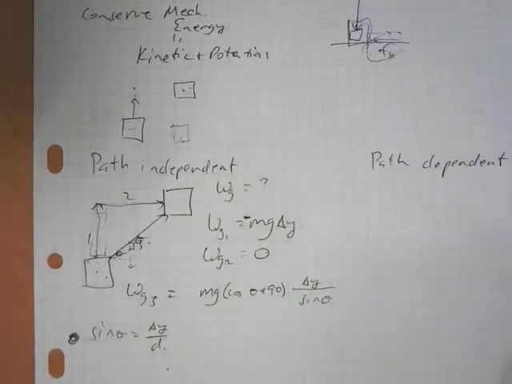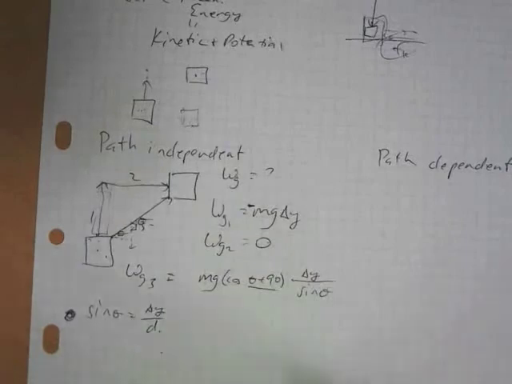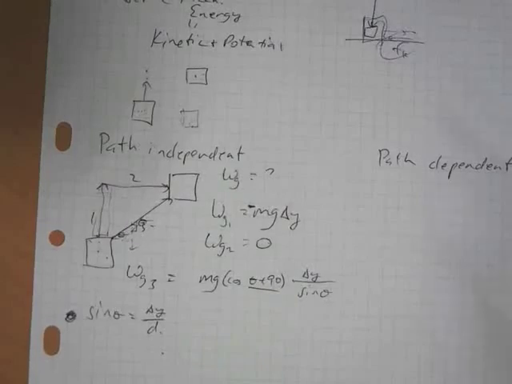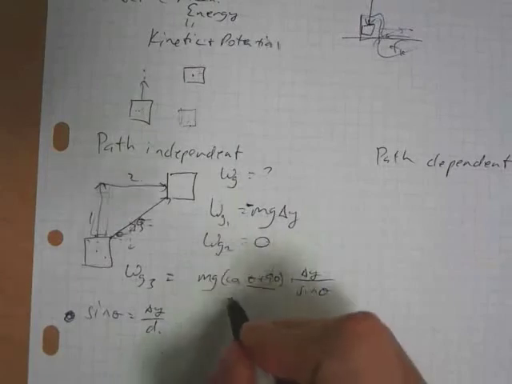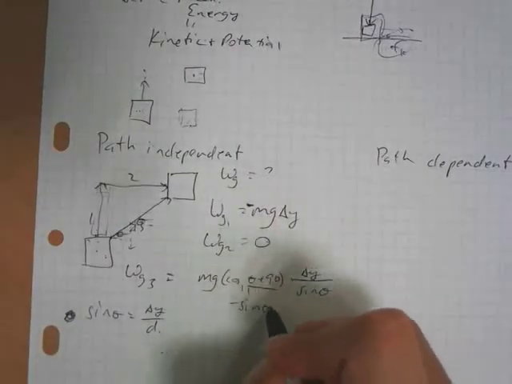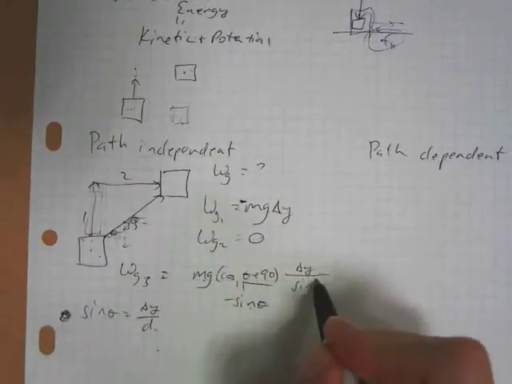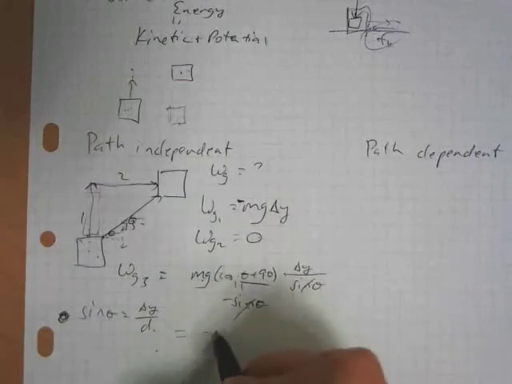Applying a trig identity, cosine of theta plus 90 is just equal to minus sine theta. So we've got mg negative sine theta over sine theta, and we still wind up with minus mg delta y.